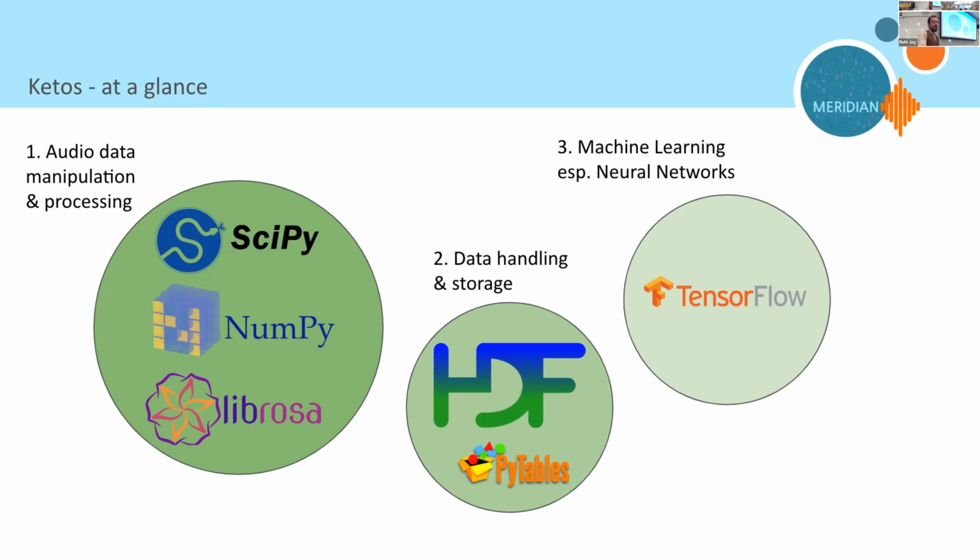HDF5, for those not familiar with, is a great hierarchical data format widely used in many scientific disciplines. And we use PyTable, which is the Python interface for that. And finally, for the machine learning or the neural network work, we use TensorFlow, which is, again, one of the most used deep learning frameworks today.